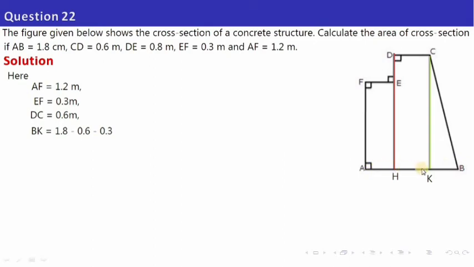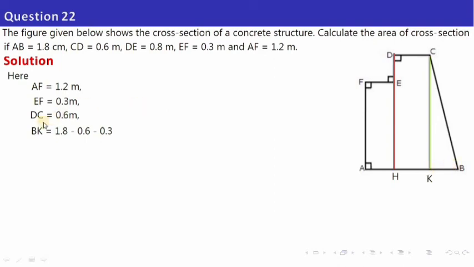If this is EF, which is 0.3, then this is also 0.3. And since DC is given to be 0.6, this is also going to be 0.6. So from AB, if you remove this much, that is 0.3, and this much, that is 0.6, then you get BK.